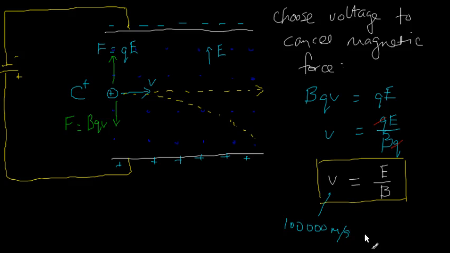In my last two videos. Now suppose that I choose E and B so as to give me this 100,000 meters per second. So B I would choose to be 1 Tesla as before, and obviously then my E must be 100,000. E is in volts per meter.